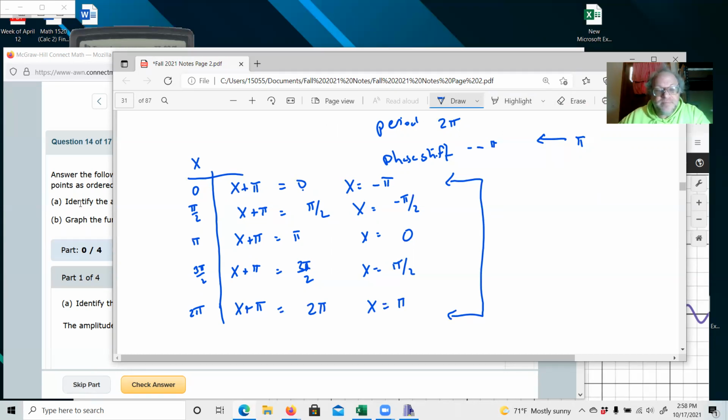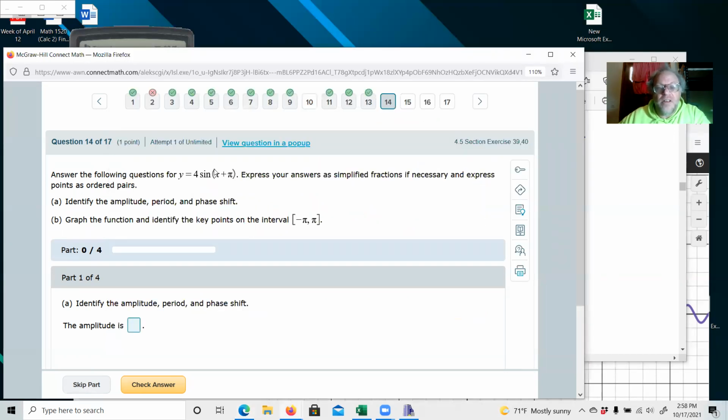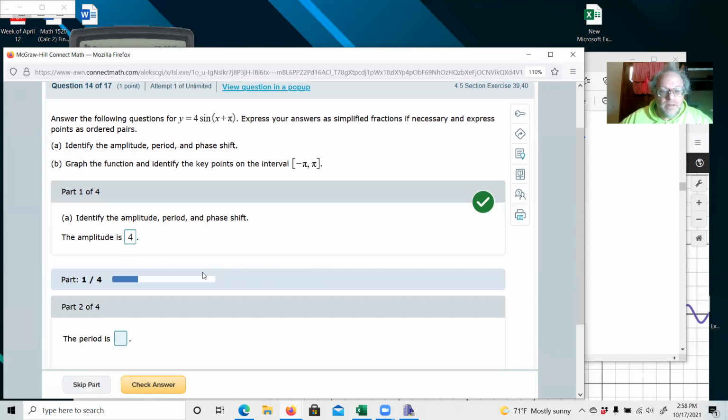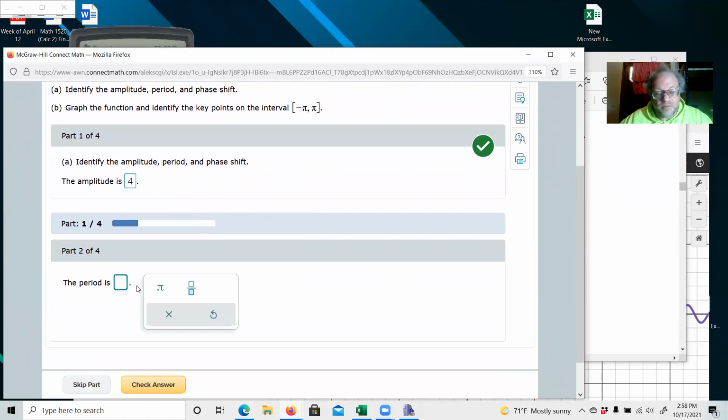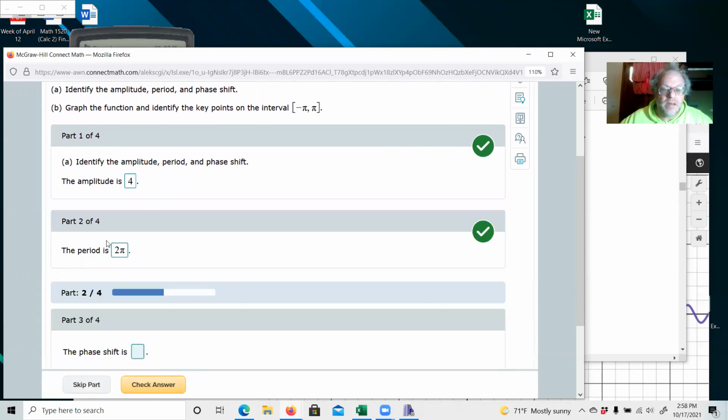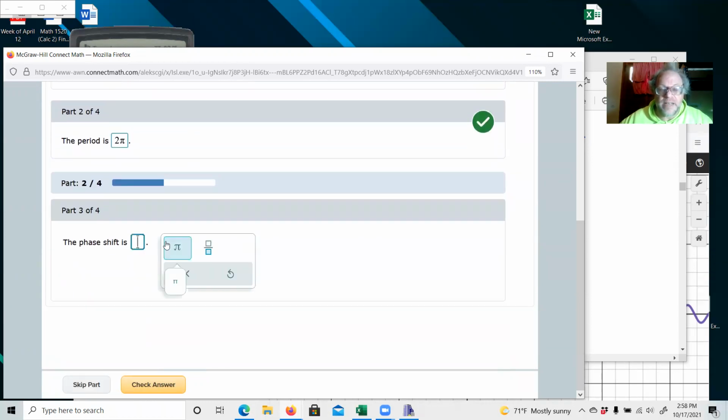Okay. So let's go ahead and start. We have an amplitude of 4. We have a period of 2 pi, because we're not changing anything about that. Our phase shift is negative pi, because we're going to the left.